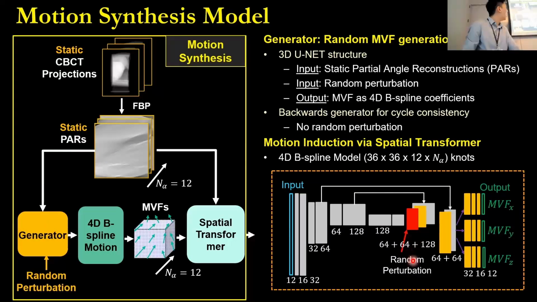Here, a random perturbation which captures the randomness of the motion is added and entered together into the decoder branch. We also apply this generator in a backward direction, where no random perturbation is added, to enforce cycle consistency on the static image domain. Again, our U-Net model is not a typical image-to-image translation model, but our output is motion vector fields in B-spline coefficients.